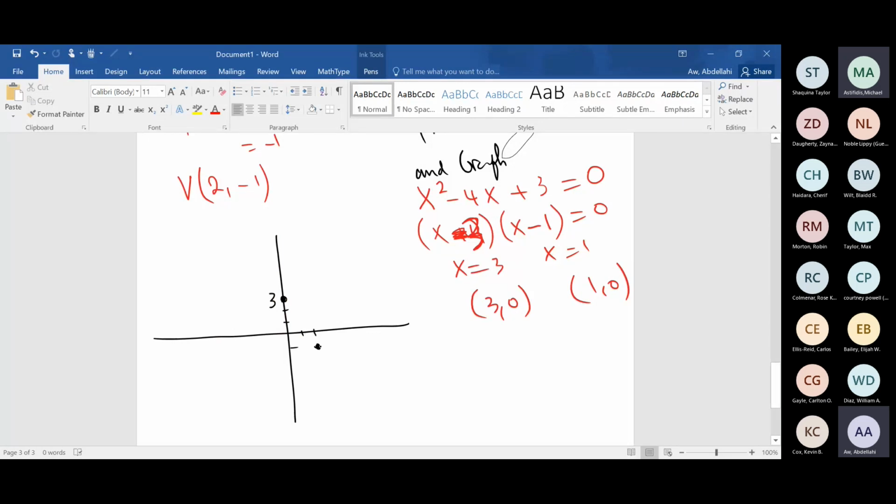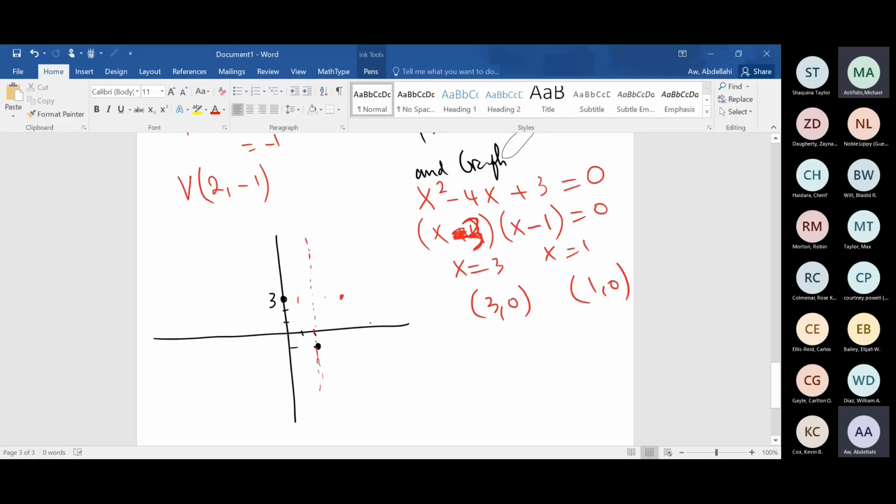You see, this line right here is the axis of symmetry. This line will be exactly the middle line, which means if I have 3 here, this one also will be a point on the parabola. You see, I have 2 units, 2 units. This one will also be a point on the parabola, just to complete.